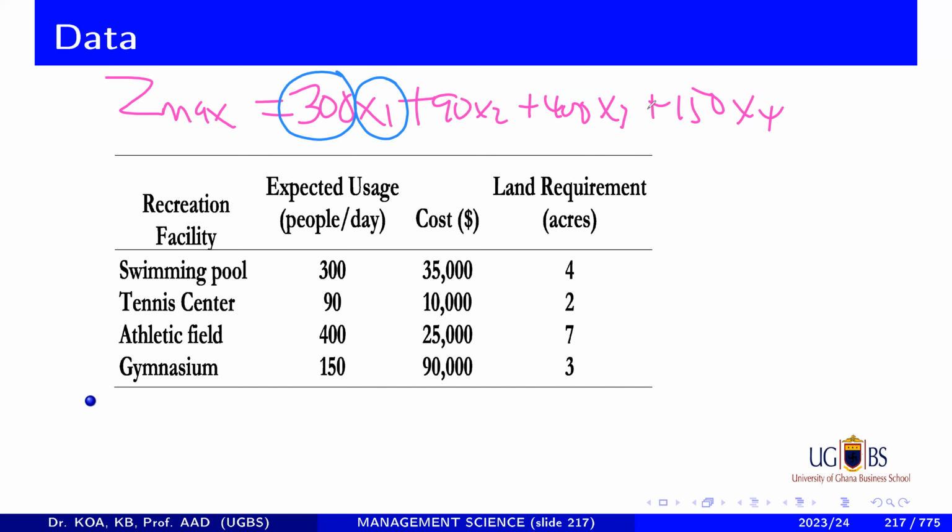Okay, those of you who are accounting students, you should be able to tell me this. I'm now giving you the clue. If the 300 deals with expected daily usage, then the 300x1 will be what? I've given you the clue now. Michael Ameuda.